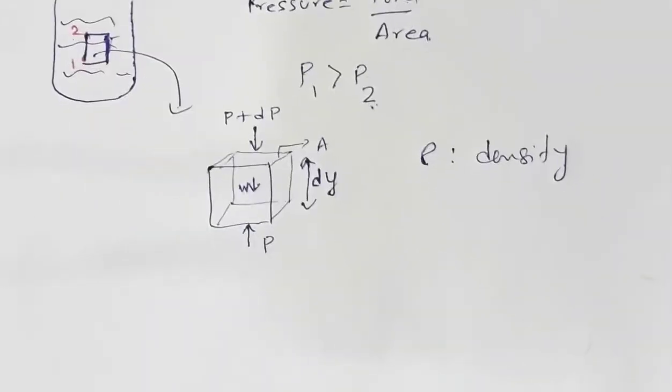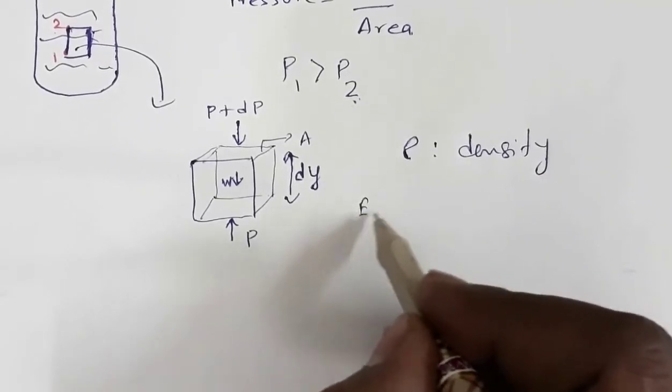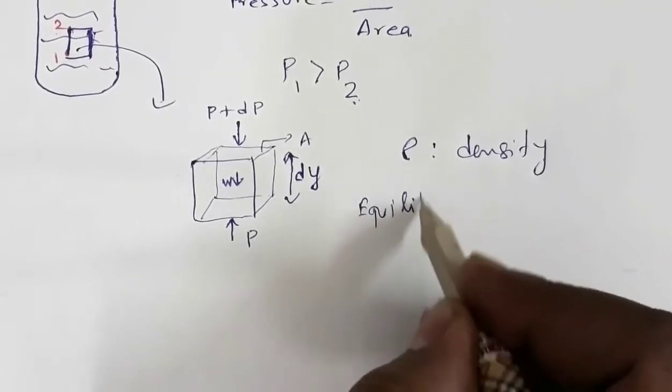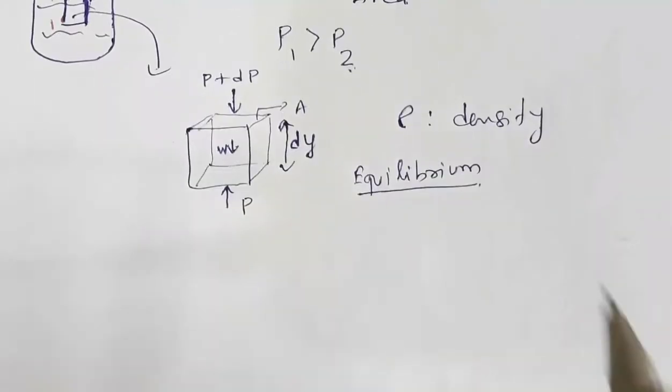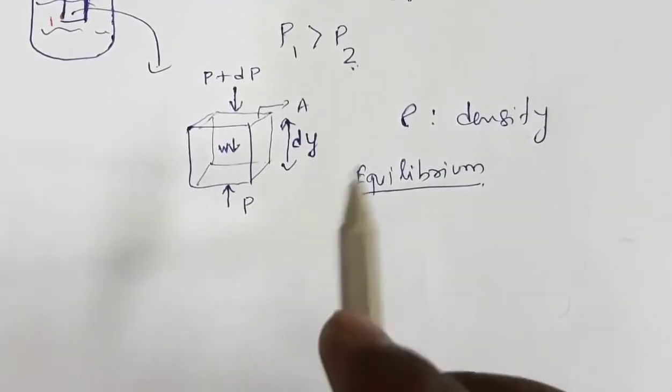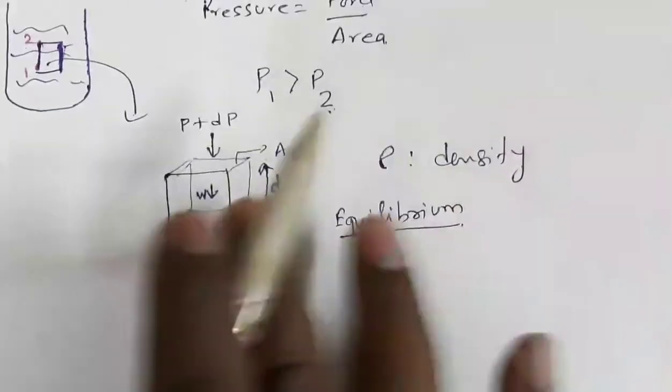Now if I apply the equilibrium condition, translational equilibrium, the net force has to be 0, or total upward force equals total downward force. Remember, A is the area, P is the pressure on the lower surface.